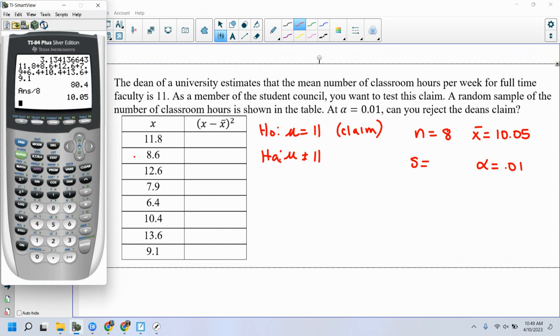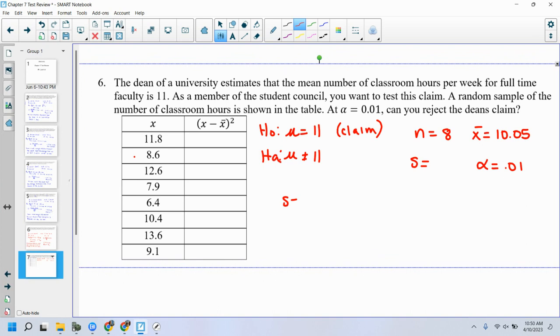All right. So now I'm going to compute x minus x bar squared. The reason I need x minus x bar squared is because my sample standard deviation formula is s equals the square root of the sum of x minus x bar squared divided by n minus 1.